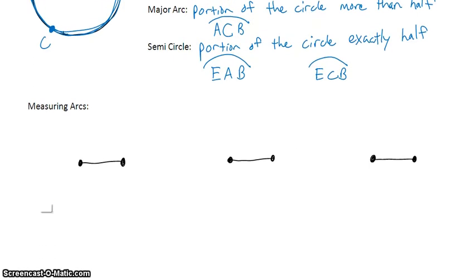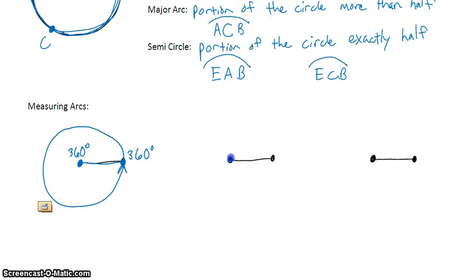Measuring arcs. If this line segment is the radius of a circle, if I make this the center of the circle and I rotate this radius around, I've traveled 360 degrees. And the measure of this arc is going to be 360 degrees.